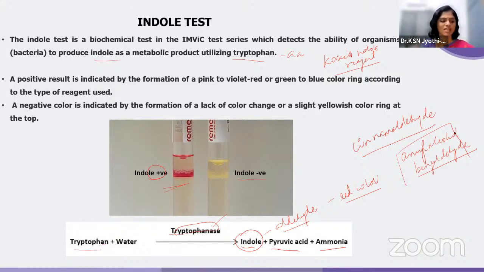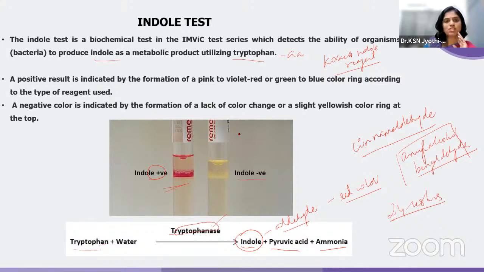Now what we do is we add the test bacteria, and they're cultured in this particular broth. You leave them for up to 24 to 48 hours. Remember that most of these biochemical tests, the results are visualized only after 1 or 2 days, because you must provide the environment for the bacteria to grow in the given broth. Only then will you be able to visualize the colors.